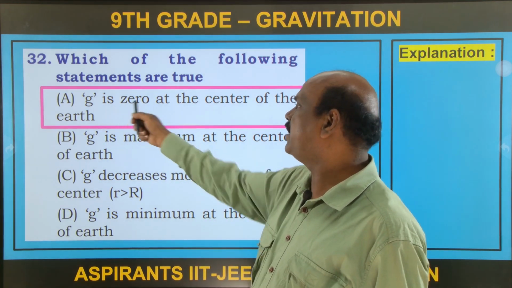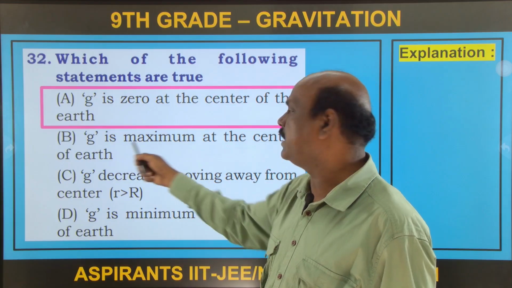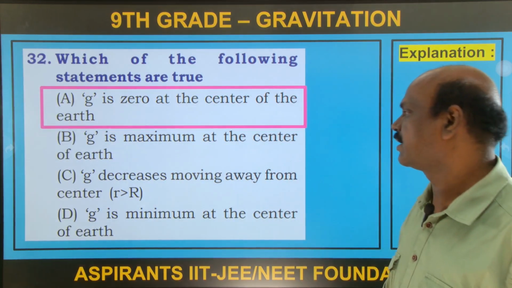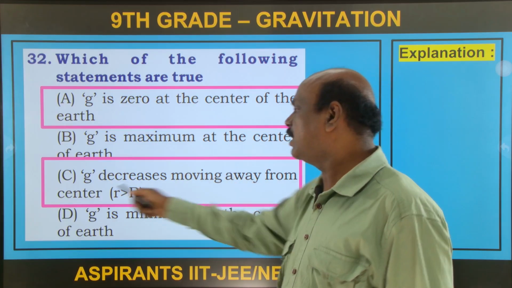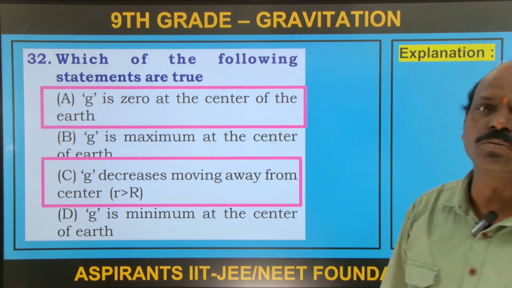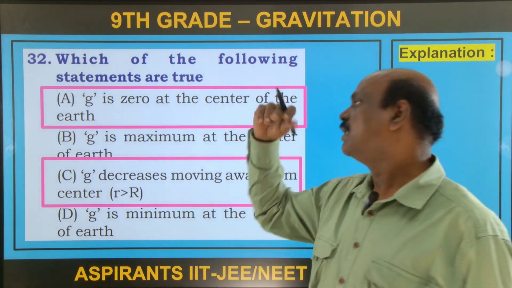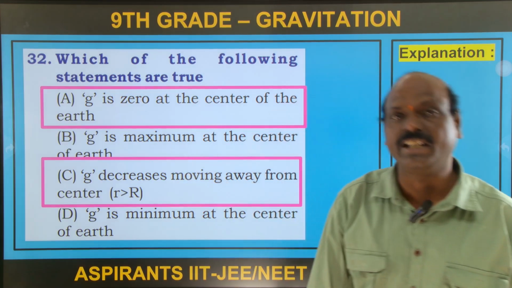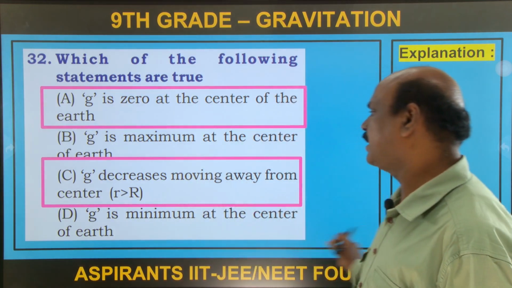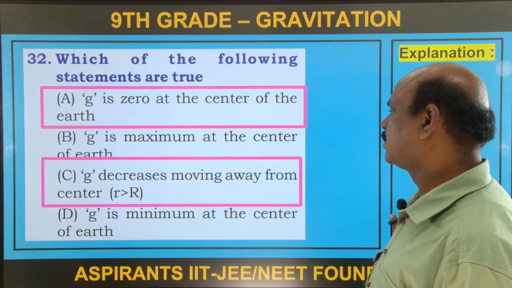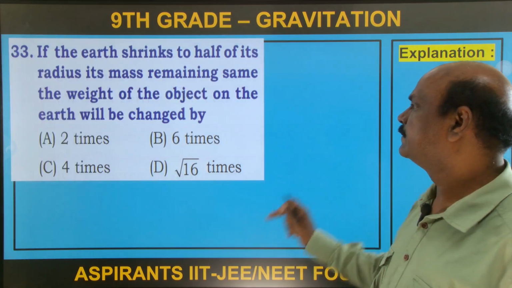Generally, if G is 0 at the center, we cannot say G is maximum at the center. So this will be false. Next, G decreases moving away from the center. Means as you move away from the center, the acceleration due to gravity decreases. Next, G is minimum at the center of the earth. So these are the options which you can see.